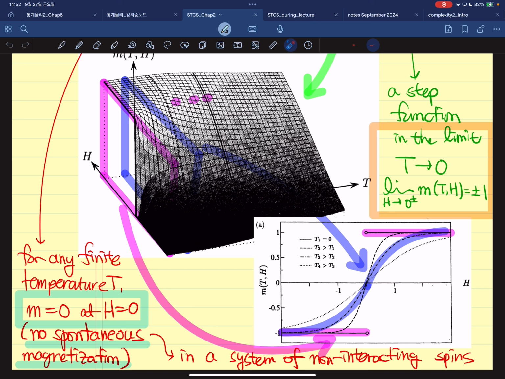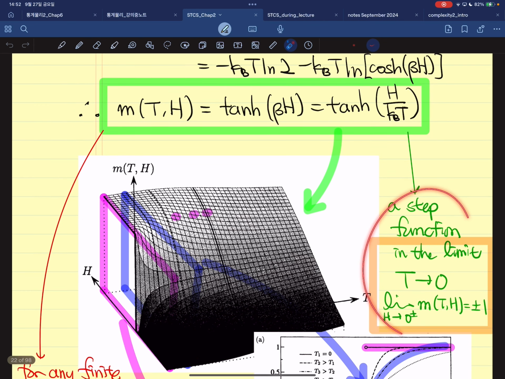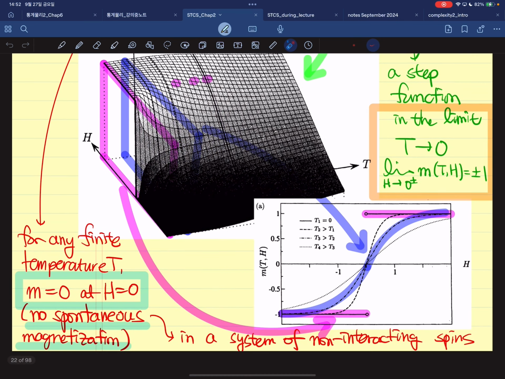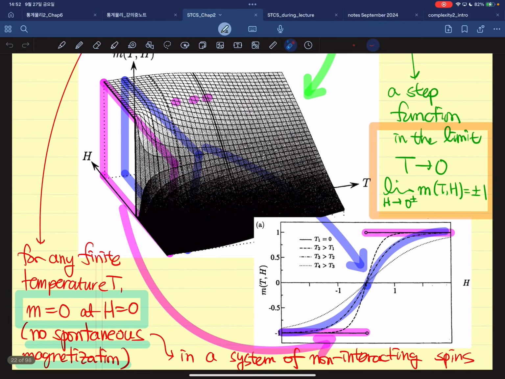But for any non-zero temperature, the function is actually smooth like this. I put every step function in the limit, and for any finite temperature, this should go through the origin here, and it means that there is no spontaneous magnetization without any external field, which is quite natural.